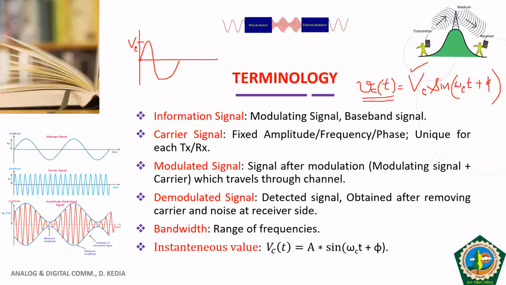This is the instantaneous value, meaning the value at a particular time t. This is your time axis. This will be an instantaneous value, this will be an instantaneous value. At a particular time t, whatever value you get, that will be the instantaneous value. You must understand the difference between instantaneous value and amplitude, which is nothing but the peak value. This is the peak value.